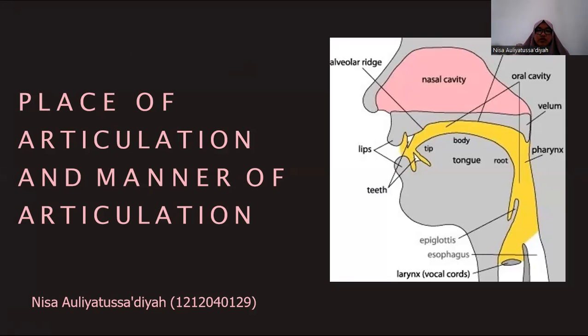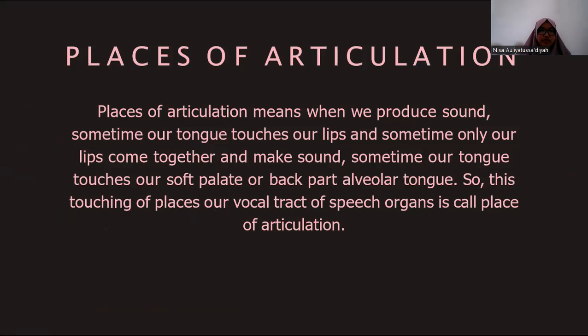Now, I want to explain about place of articulation and manner of articulation. So, the first is place of articulation. Place of articulation means when we produce sounds, sometimes our tongue touches our lips and sometimes only our lips come together and make sound.